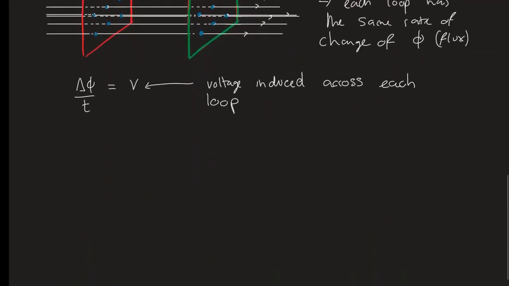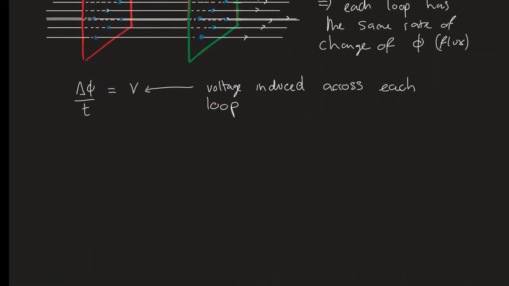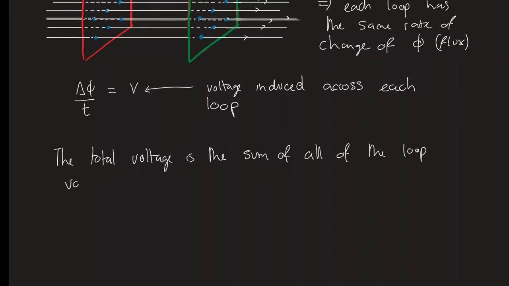And we know from electricity that when voltage supplies are connected in series with each other, the voltages add up to make the total voltage. So we can say the total voltage is the sum of all of the loop voltages.